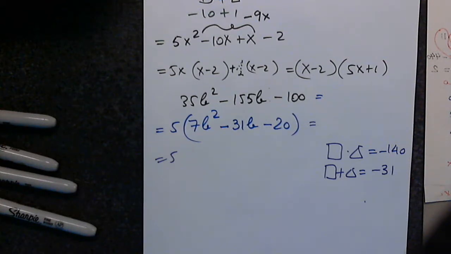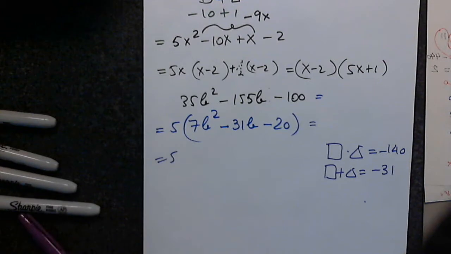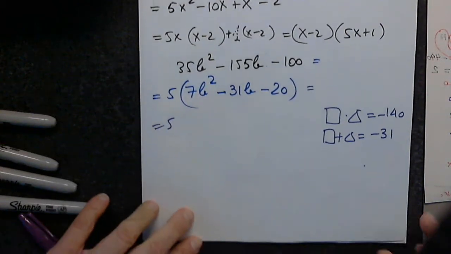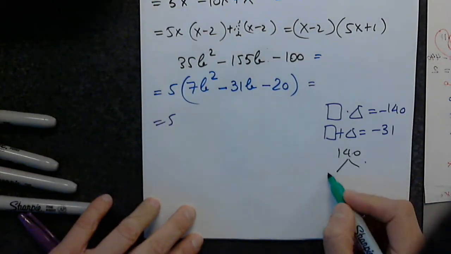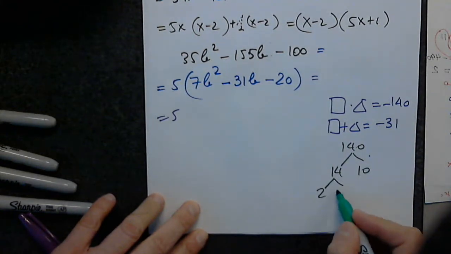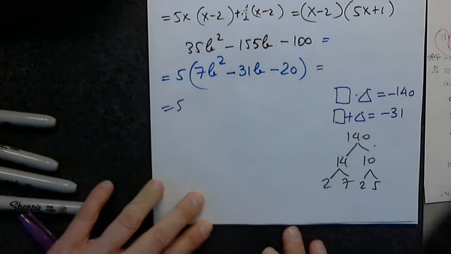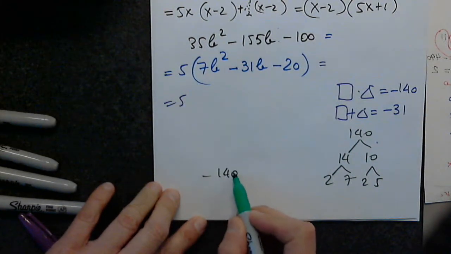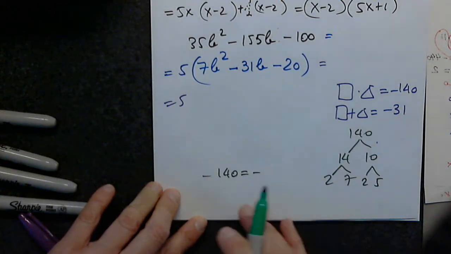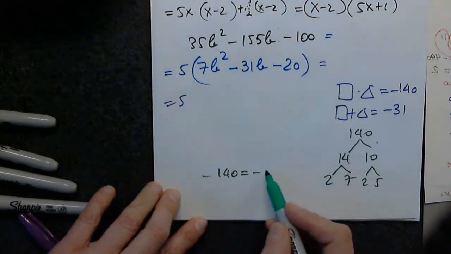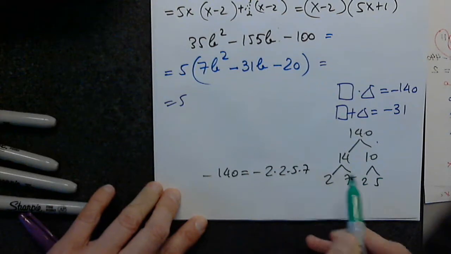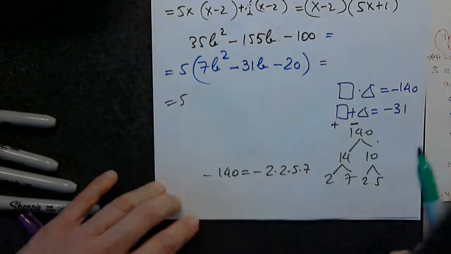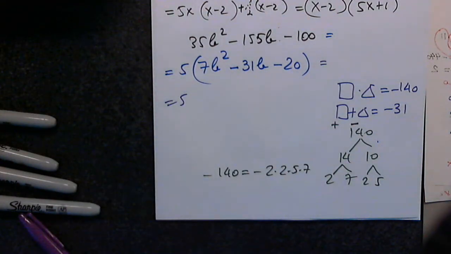If the leading coefficient is not 1, then you have to have negative 140. Good. So I look at 140, it's a big one. So 140 is 14 and 10, 2 and 7, 2 and 5. I want the positive and the negative because the product is negative.